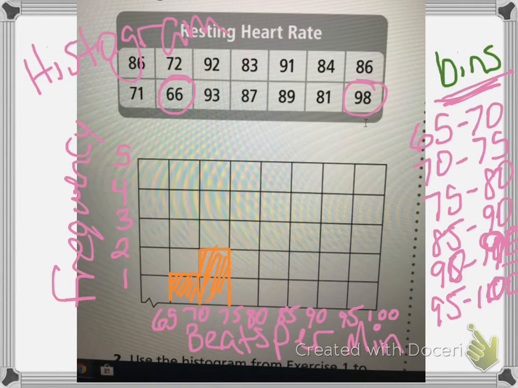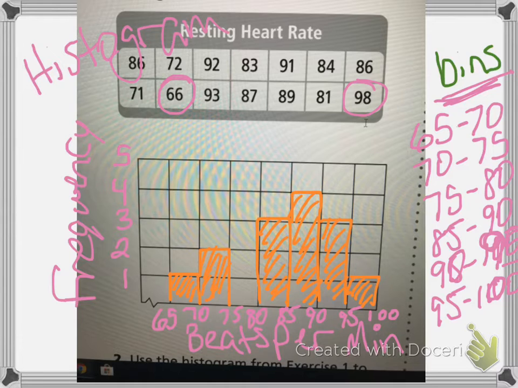We don't have any heart rates between 75 and 80, but we have 3 here. And it's okay that there's a gap here and that they're not touching because we don't have any data for the 75 to 80 increment. We've got 85 to 90. We have 4 people, 3 people in the 95 to 100, and 1 person in the 95 to 100.